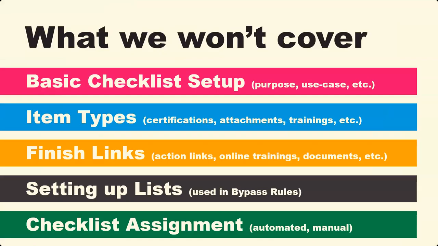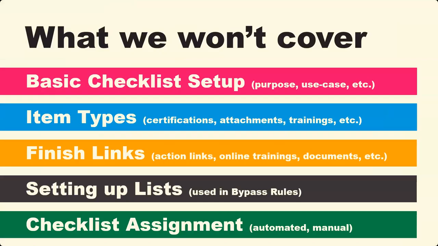and that you know how to do that if you needed to create those. I also won't be discussing the action links. So whether it's an agreement, an action link, the online training, the documents, so any finishing links that are set up within VSys Live and tied to the checklist, I won't be going over that.